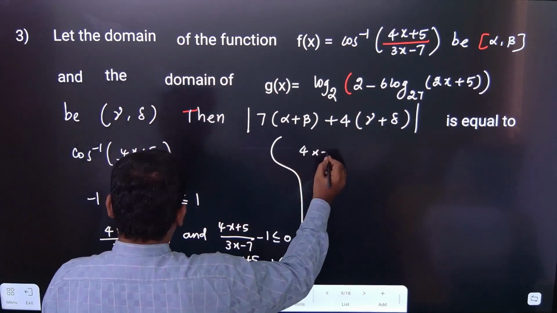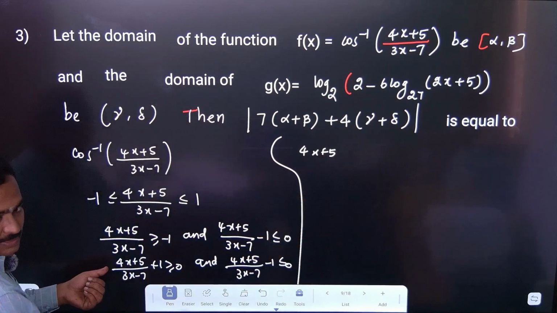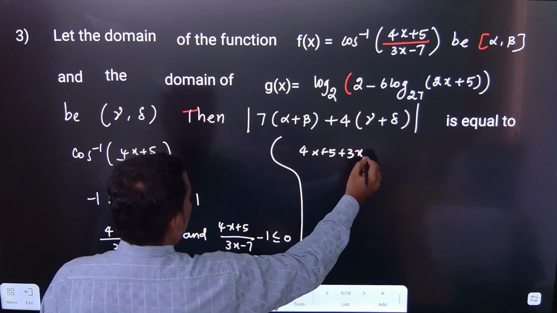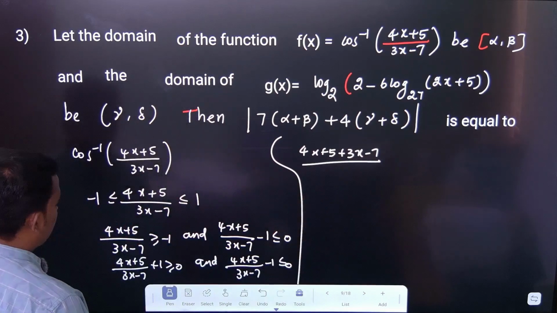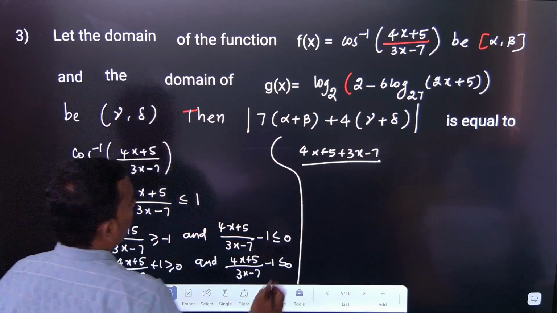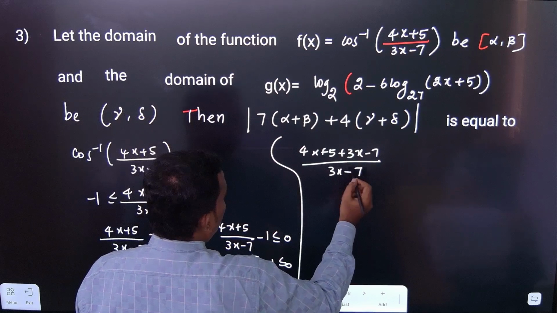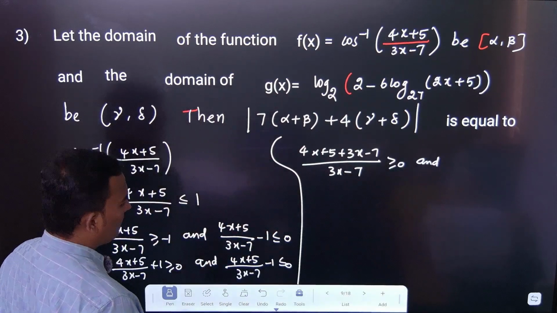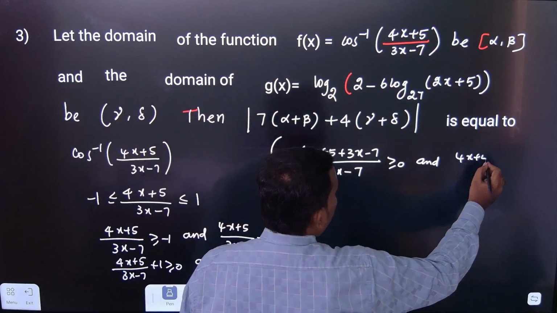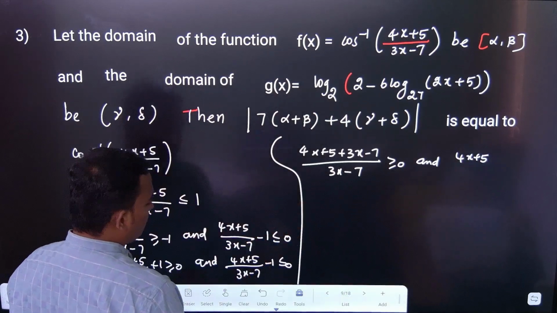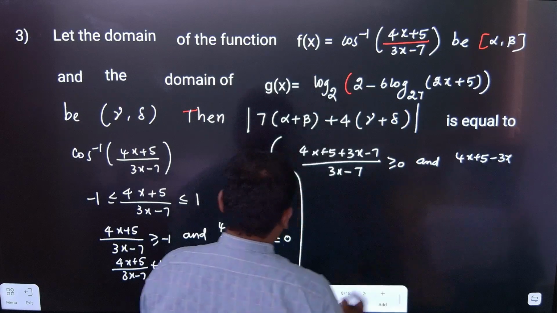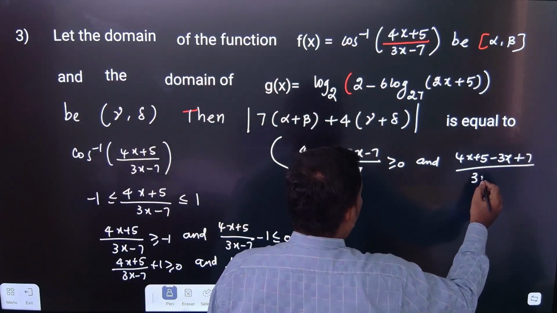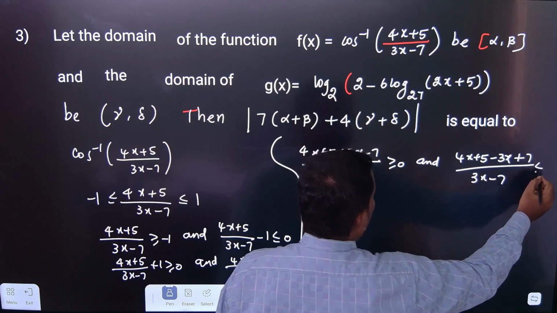So 4x plus 5, you take the LCM, right? Plus (3x minus 7) divided by (3x minus 7) is greater than or equal to 0. And here, 4x plus 5 minus 1 into 3x, minus 1 into minus 7, plus 7, divided by (3x minus 7) is less than or equal to 0.